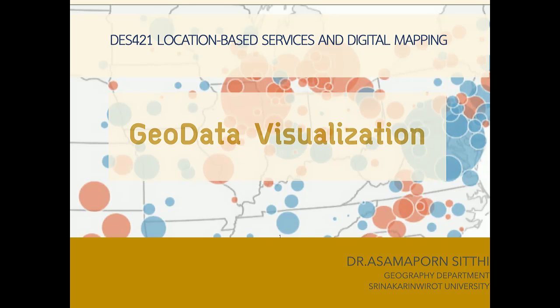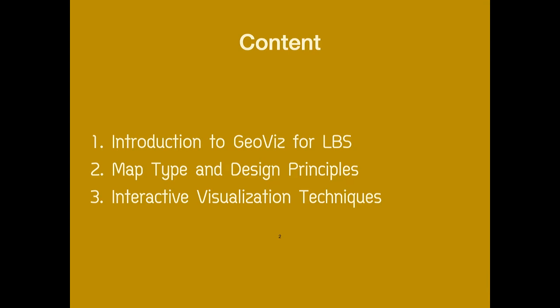Okay. The content for today will be geovisualization for LBS, map types and design principles, and the last one is interactive visualization techniques that can be integrated with web mapping as well. Visual representations play an important role in terms of UX and UI, right?